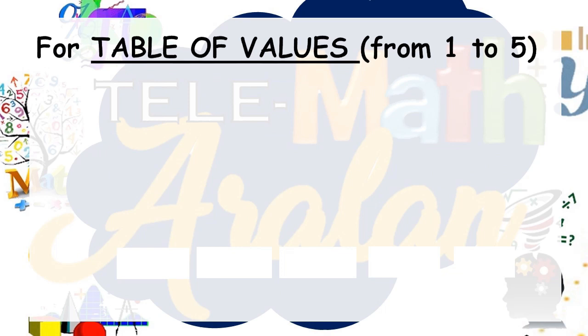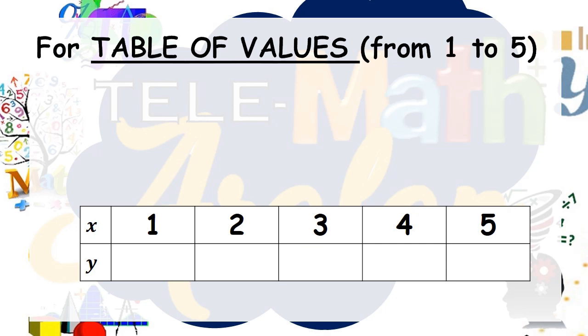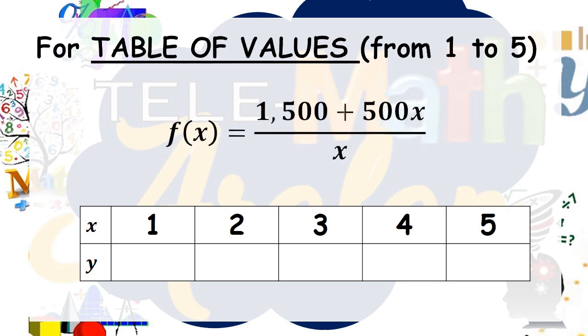Next is the table of values. You will make a table of values with x values at 1, 2, 3, 4, and 5. Using our defined formula, f of x is equal to 1,500 plus 500x all over x. Substituting 1 to our formula, we obtain 2,000.